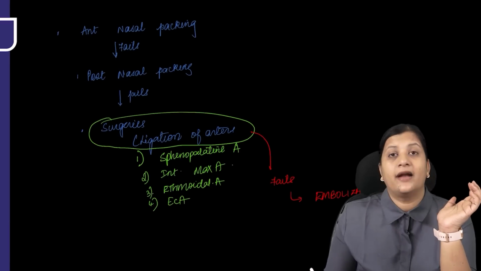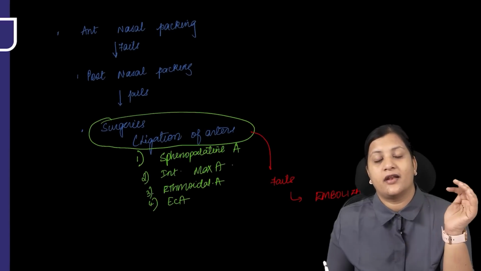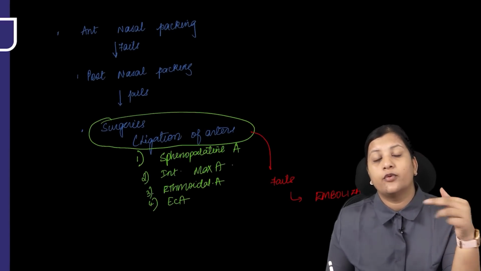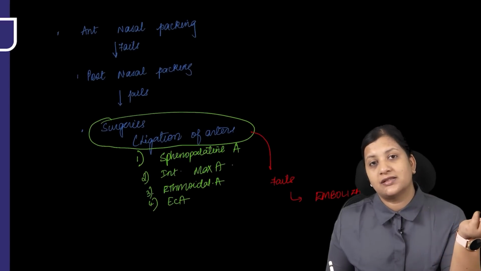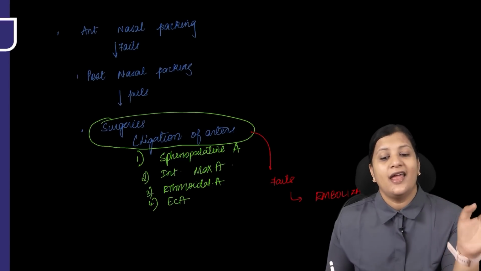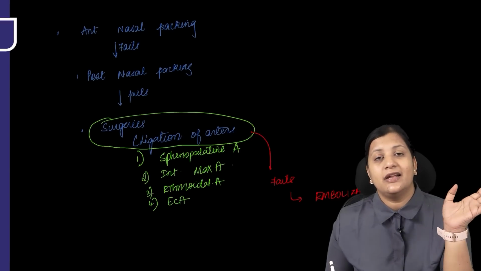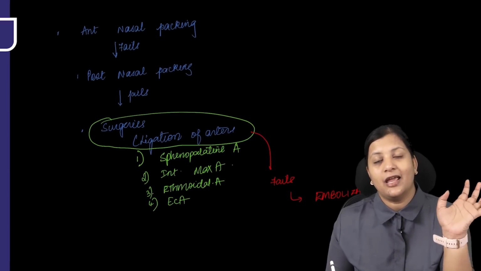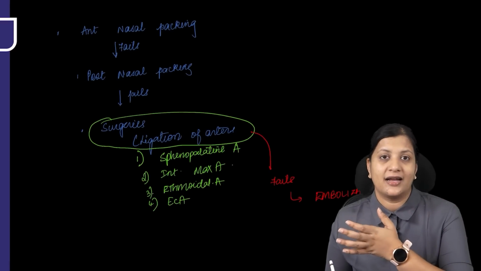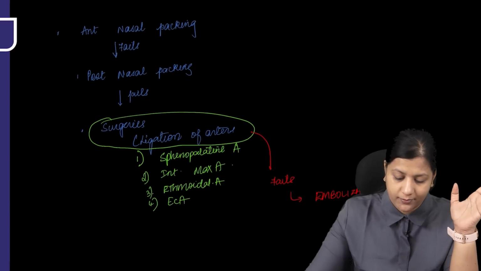Typically, the sphenopalatine and the internal maxillary artery are embolized. Very, very rarely will you have to embolize the external carotid. Commonly, internal maxillary and sphenopalatine are embolized. So this is the treatment protocol for managing epistaxis. What anterior packing and posterior packing are, we will understand in detail, but this is in brief.